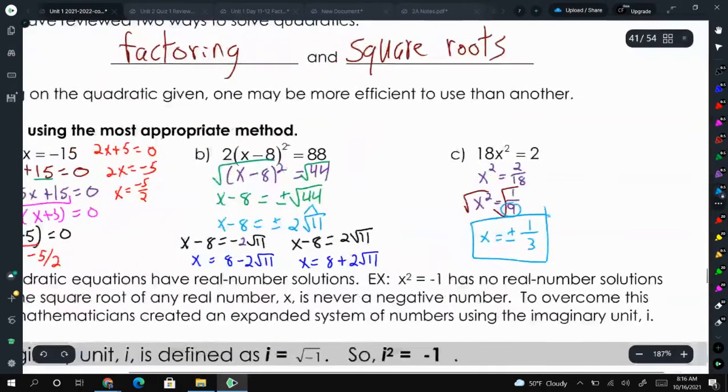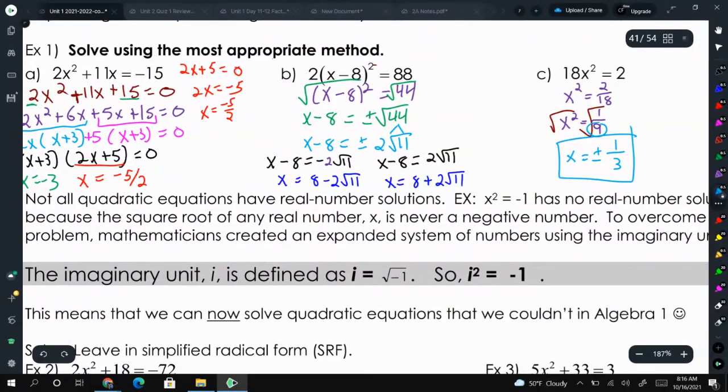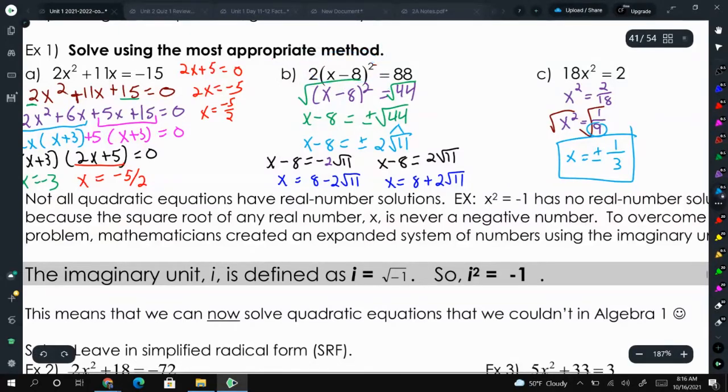The beautiful thing is that all of the methods work. You could factor, you could multiply this out and factor that, and you'd still get the same answer. It would take a lot of work, but you could still do it. I want you guys to be able to recognize the most efficient way to solve these problems.